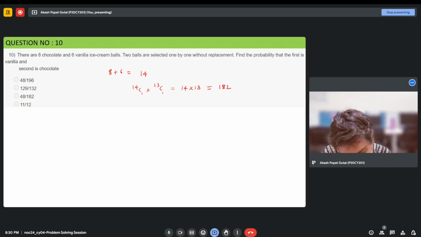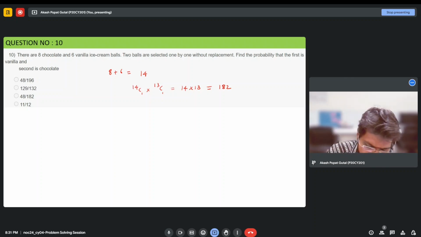And the probability that the first is vanilla and the second is chocolate.